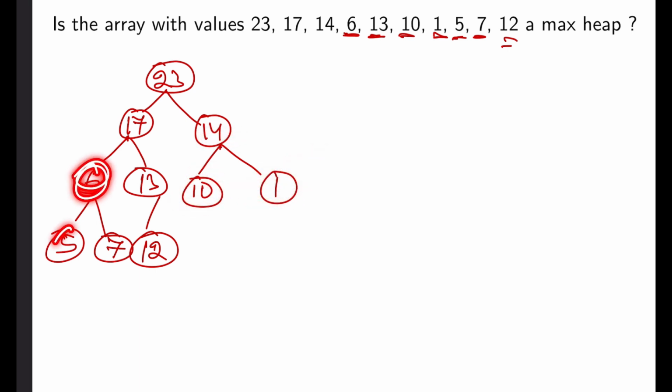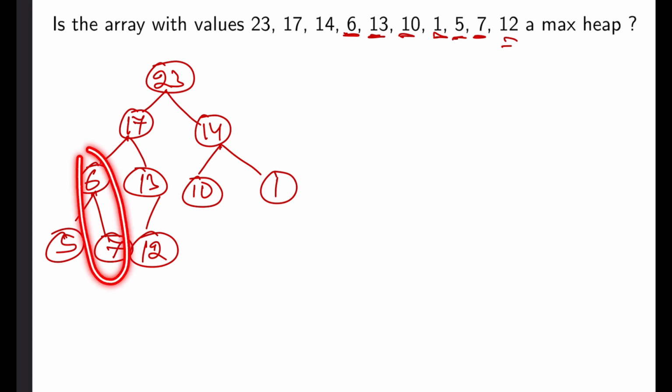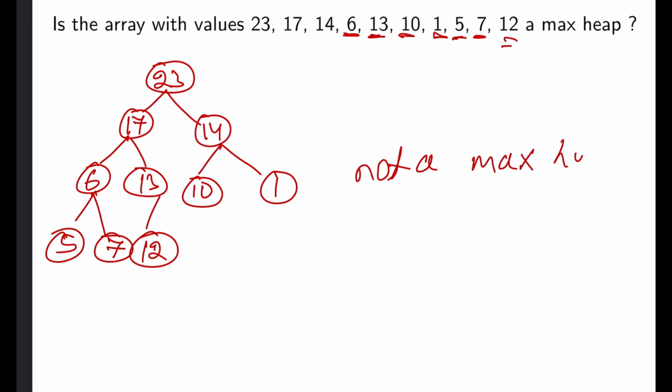Then 6 greater than 5 and 7, here you can see this one is violated. 6 is less than its child 7, so it is not a max heap. Why not a max heap? Because here it is violated.